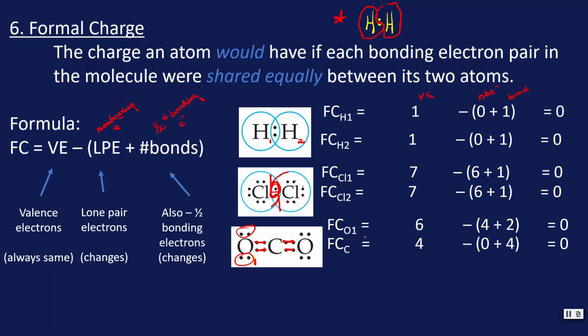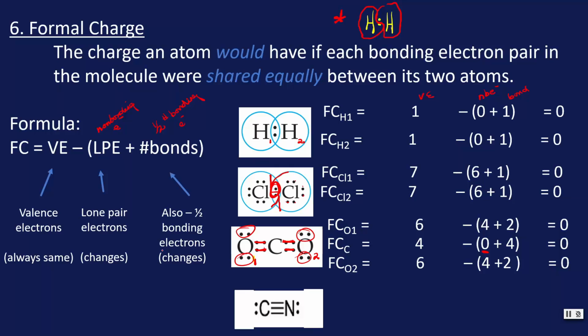Carbon has 4 valence electrons. It has no non-bonding electrons, but it does have 1, 2, 3, 4 bonds. So it has a formal charge of 0. The second oxygen is the same as the first, 6 valence electrons minus 4 non-bonding electrons, and 2 bonds, also a formal charge of 0.